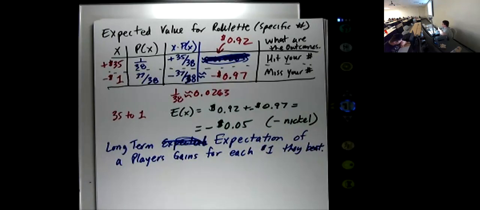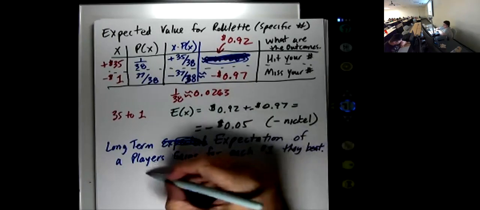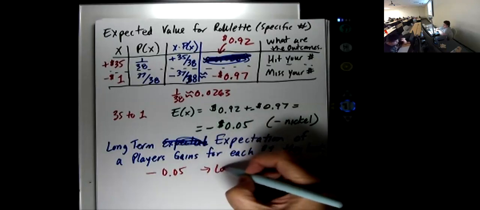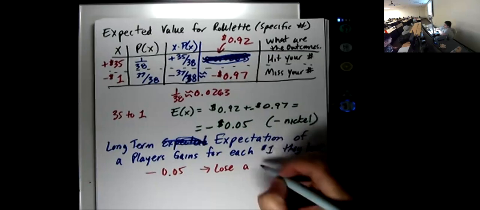It's negative, which means you will lose a nickel on average for every dollar bet.